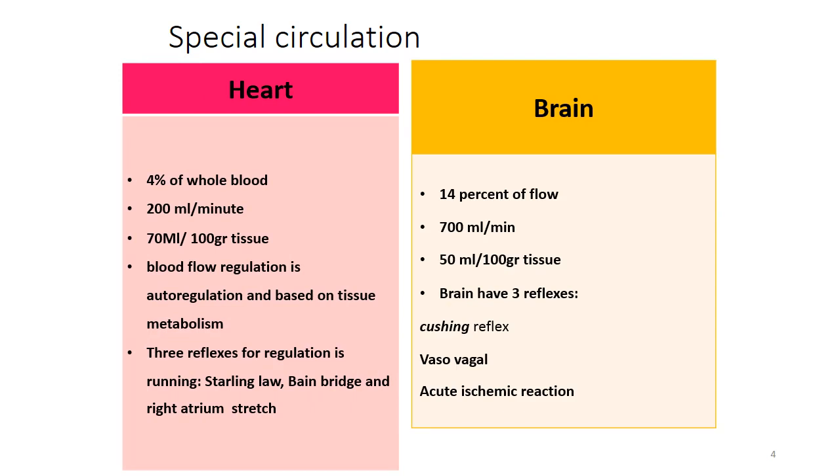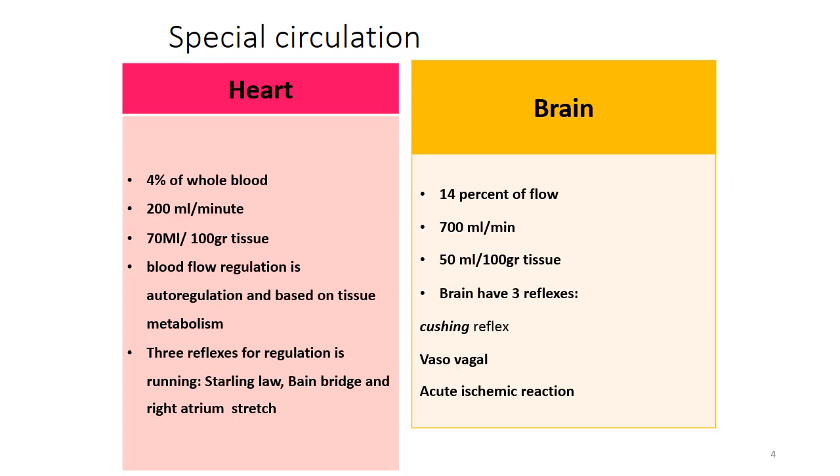The heart circulation is about 4% of whole blood circulating in the heart. About 200 milliliters per minute of blood is flowing in the heart, in other words, 70 milliliters per 100 grams of heart tissue, and blood flow regulation in the heart is based on autoregulation and some reflexes named Starling law, Bainbridge, and right atrium stretch that you learned in the heart part.